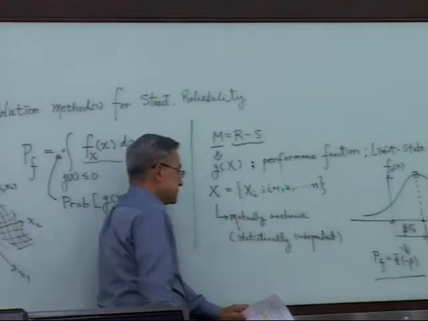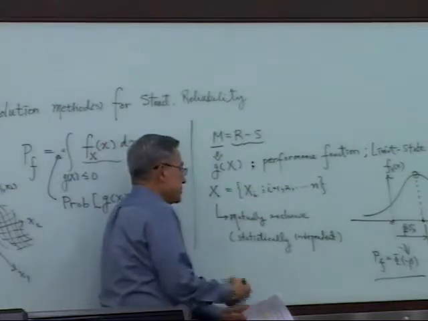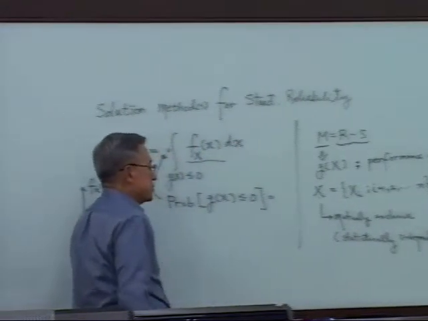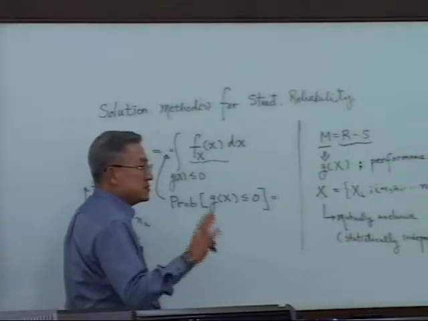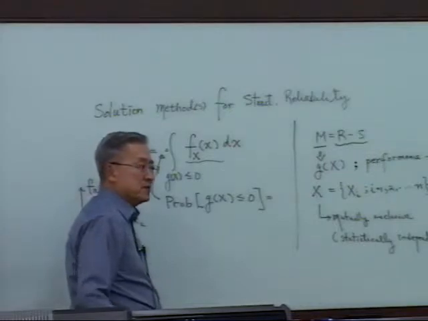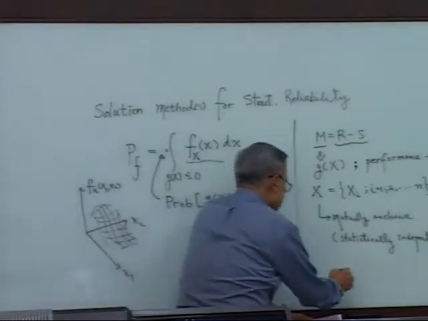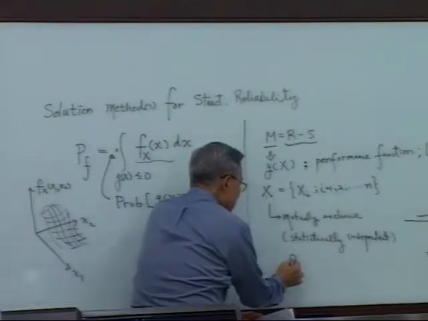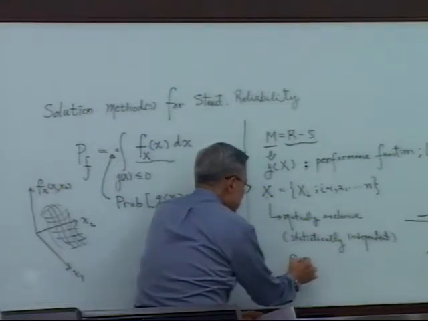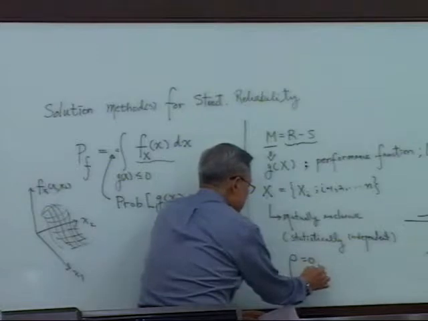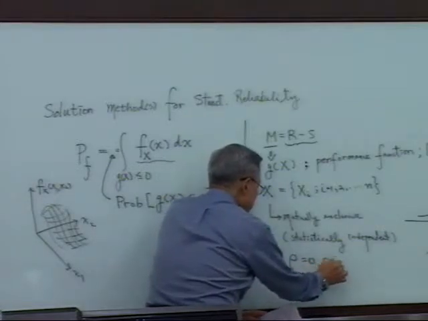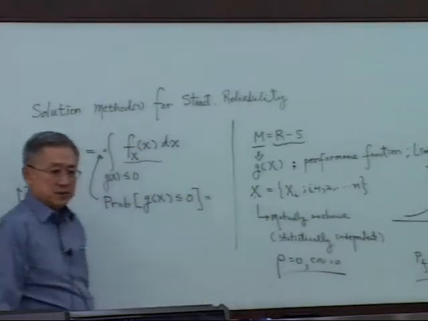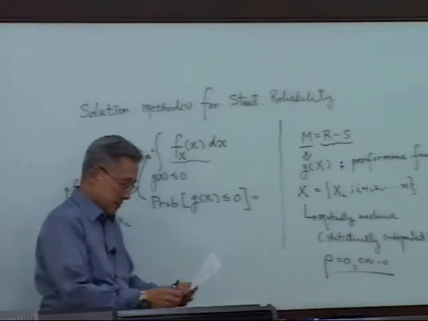Okay? Independent of each other, statistically independent. And there is no covariance. Covariance is all equal to 0, or the correlation coefficient is equal to 0. There is no correlation among the variables.